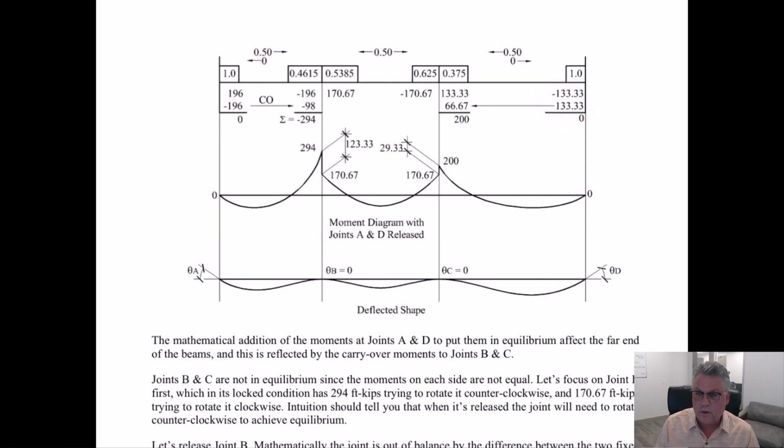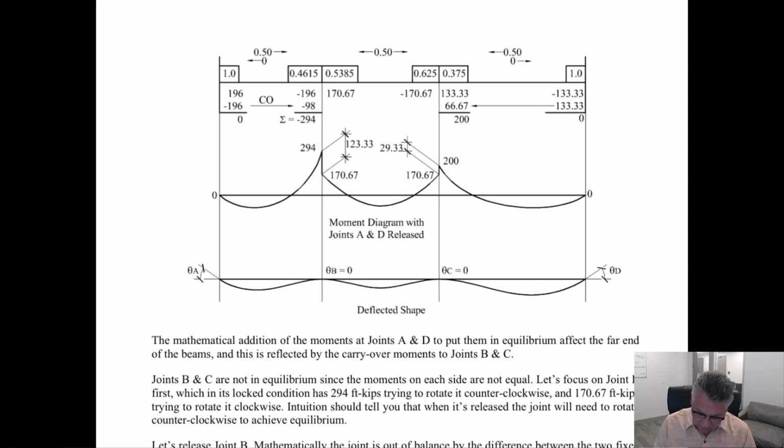We're starting off with a joint that has negative 133.33 foot kips. We know we're going to end up at 0, so we must put a positive 133.33. We end up with 0 at both locations. This has got to carry over half of that to the joint over. Okay?